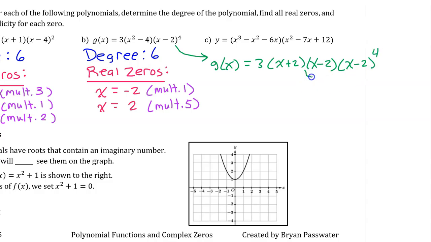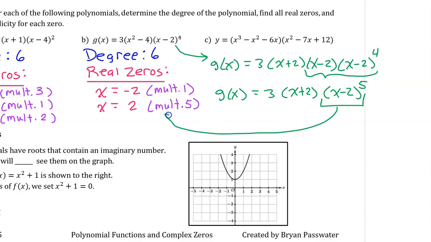But do you see that these factors are the same? We have an x minus 2, and then we have 4 more x minus 2's. So for that reason, g of x could be written like this: 3 times x plus 2 times x minus 2 to the fifth power. So that's another way to visualize why we are collecting these together and writing x equals 2 multiplicity 5.